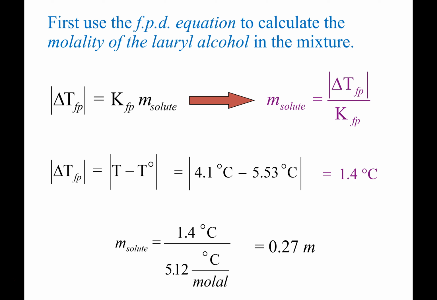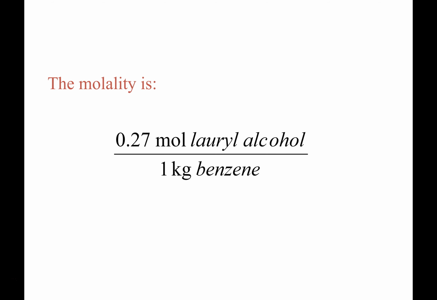You'd be like, well, how does that get me to the molar mass? Well, if we remember what molal is by definition, it is unpacked here. Molal means that we have 0.27 moles of lauryl alcohol per 1 kilogram of solvent, which in this case is benzene.